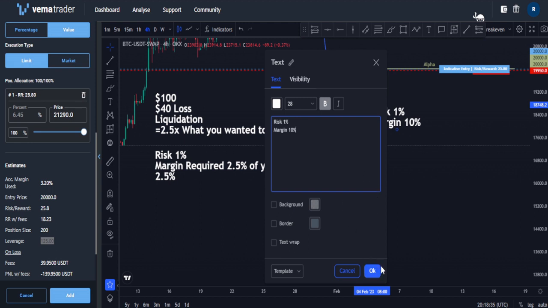Because this guy was using such a small stop loss, we just had to use a ton of his margin to make up that position size because he was at max leverage. What that means is if you get liquidated, which is more common when you're scalping because you just have that smaller room for error, you now lose 10% of your account. That's a big, significant loss, right? I'm sure I don't need to tell you guys that. And it's a big loss to bounce back from.